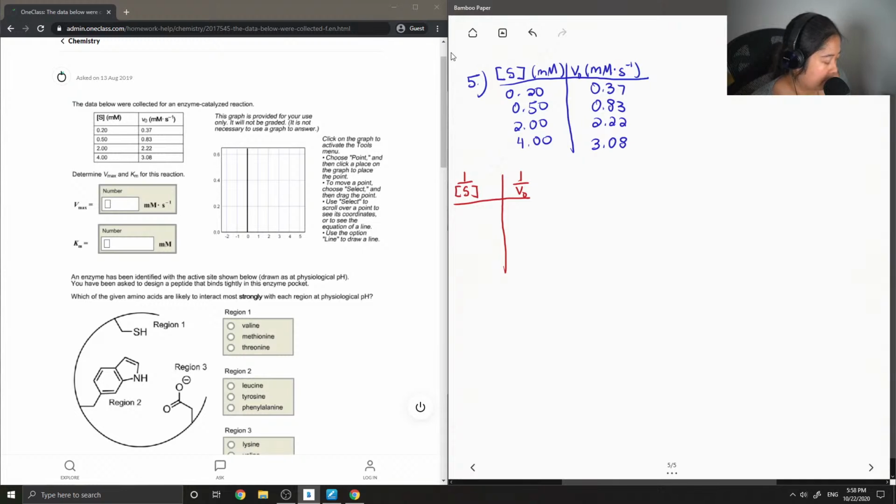And then if you were to do 1 over 0.2, you get 5. 1 over 0.5, you get like 3. 1 over 2 is 0.5, and then 1 over 4, 0.25. And let's look at the reciprocal of these ones. You get 1.16. And then let me just see.